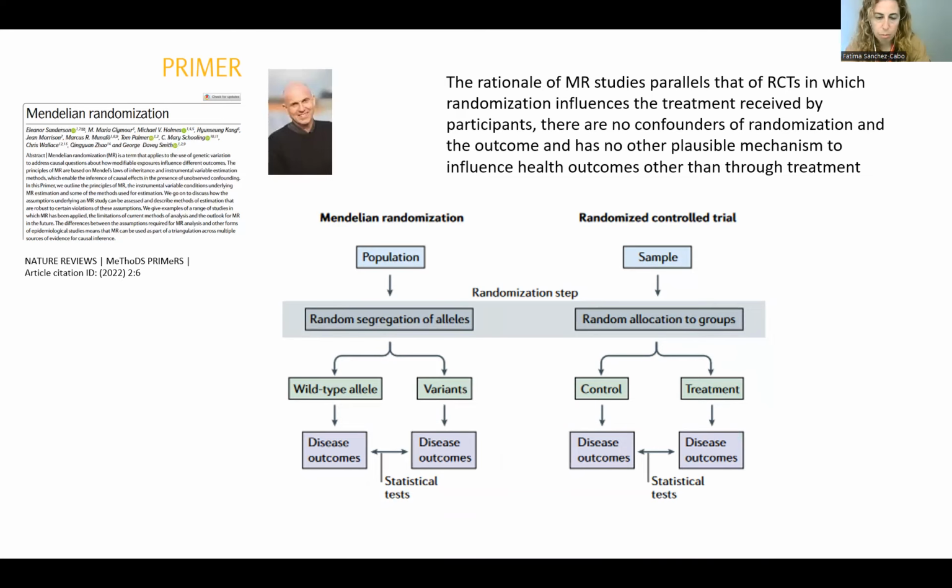Because then it's like if we have a randomized control trial and all the calculations of causal inference are very easy to calculate. So in this case, we would have random allocation to groups for control and treatment. As I said before, if the sample size is large enough, we can assume that the confounders are affecting the control and the treatment in the same way.